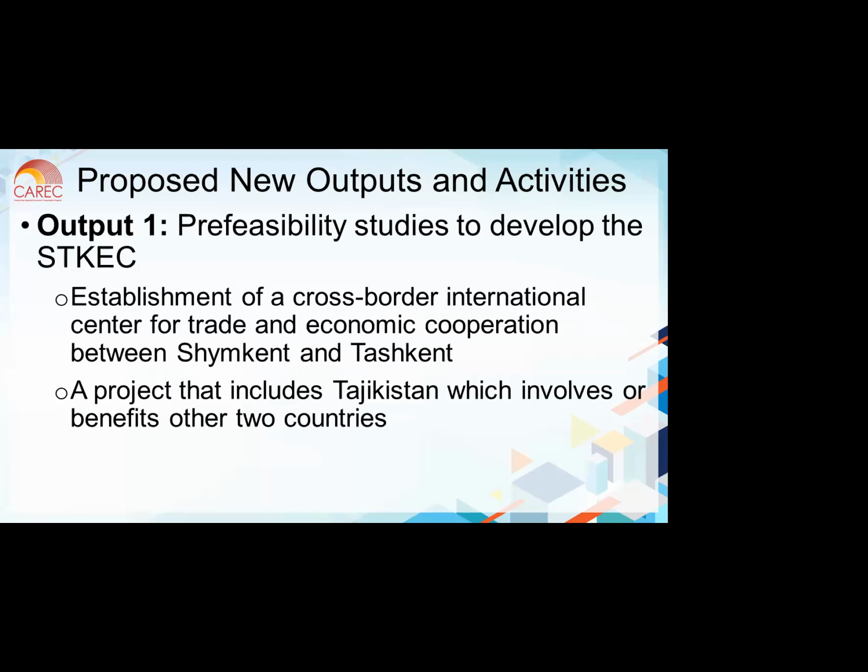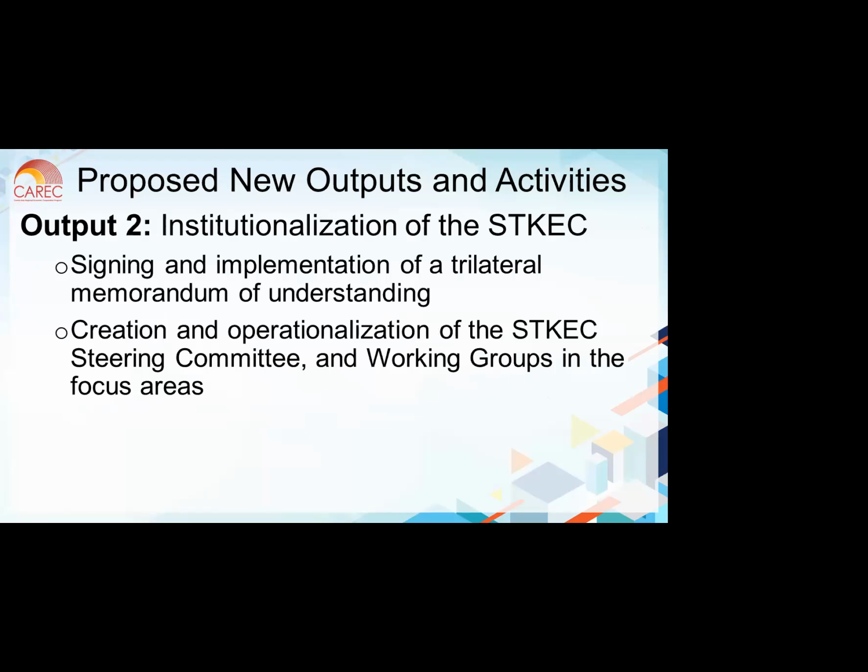So under output 2, there are 2 major activities. So first is facilitating the signing, particularly the implementation, of the memorandum of understanding among the 3 countries on this economic corridor development. So we understand that the Kazakhstan government is coordinating the signing of this MOU.